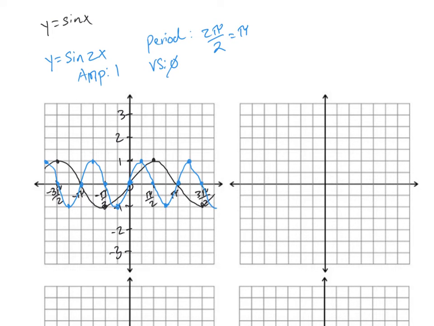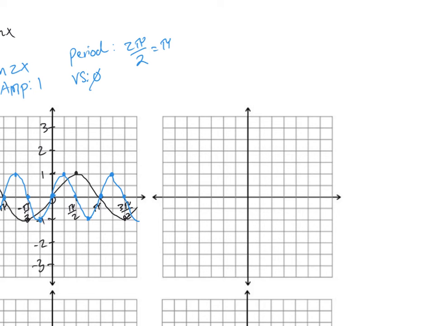Let's do another example here, a more radical example. Let's do the original y equals cosine of x. Let's draw that for reference. So we have 1, 2, 3, negative 1, negative 2, negative 3, pi over 2, pi, 3 pi over 2, negative pi over 2, negative pi, negative 3 pi over 2.